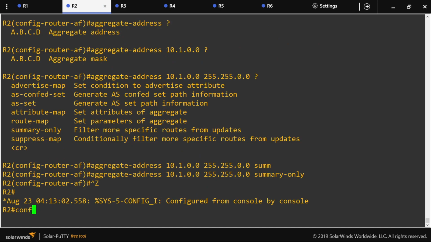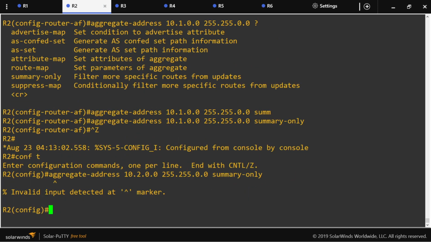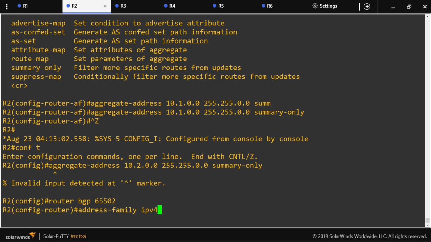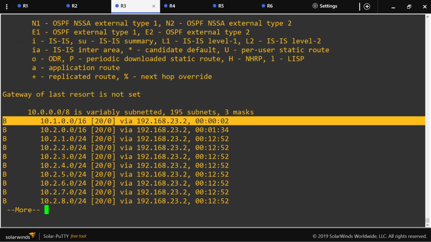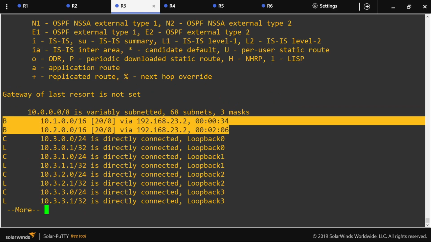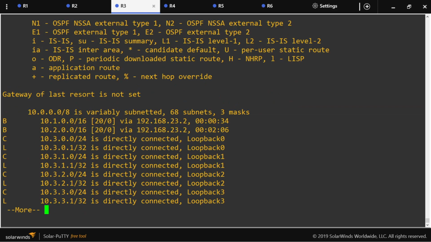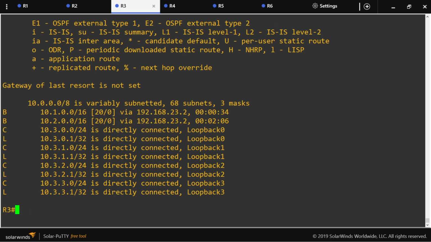Let's do that for the other one, just for the kicks. Notice that I have reduced the BGP table to only two entries. So we have summarized these networks.